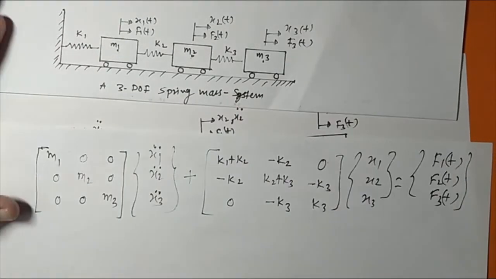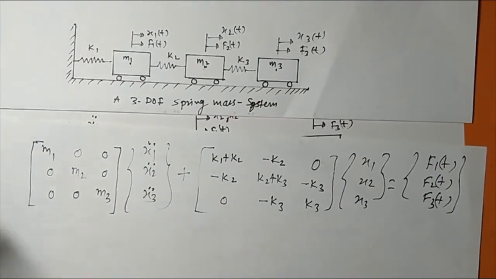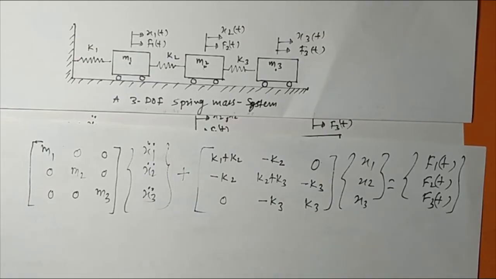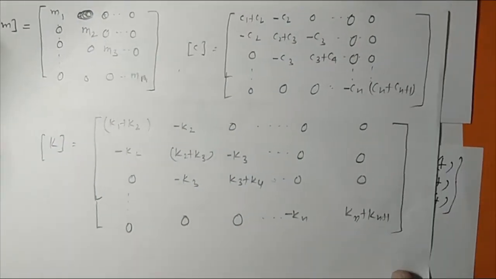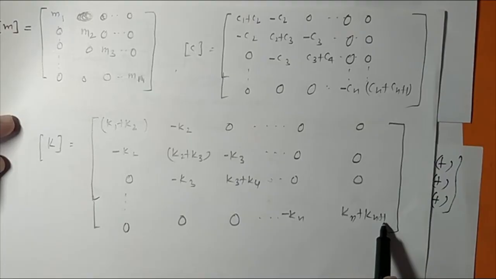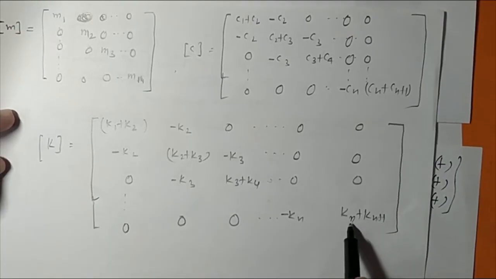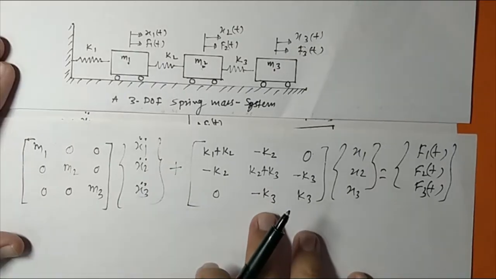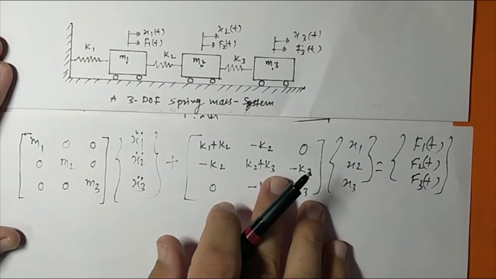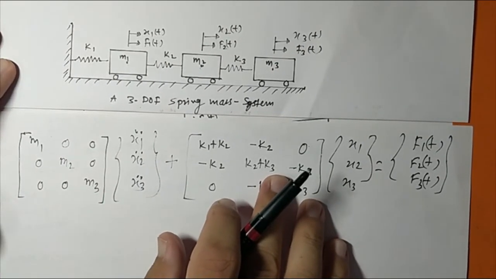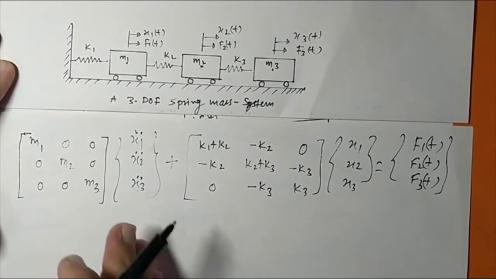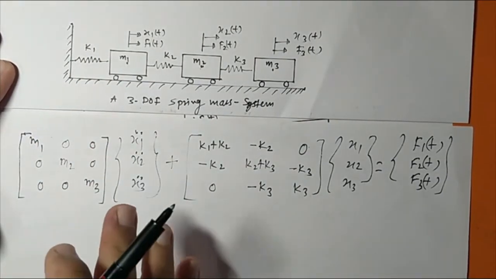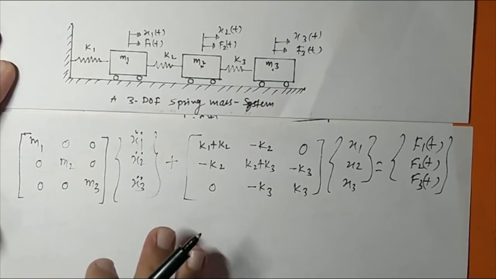So in that generalized mass matrix, that was something like this. If we put k(n+1) equal to 0 and n equals to 3, then we'll have the same equation. This equation we can get from that generalized equation. So this is how we can develop the governing equation for 3 degree of freedom system.